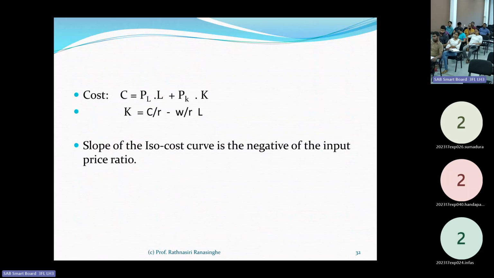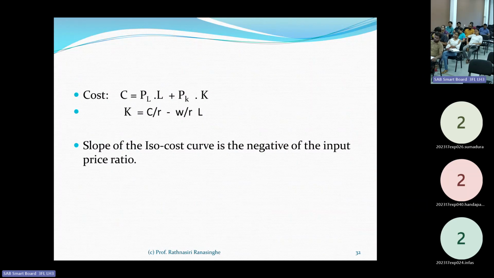Now, if you write the cost, the total cost or the expenditure, the total outlay, we can take the price of labor times the labor inputs that we use. L means the number of labor hours that we use, and W means the price of labor, the wage rate. That means W times L, the expenditure on labor.